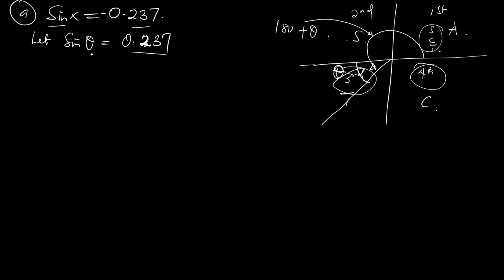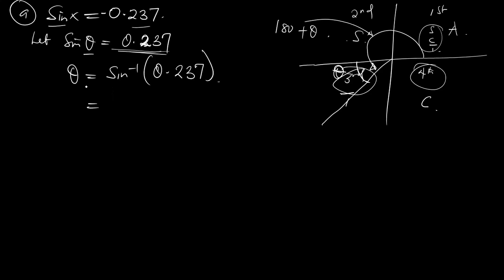Now, we need to find the theta when it is positive, which is when it is positive on the first quadrant. So now the theta will be the sine inverse of 0.237. So now let's look at the table.